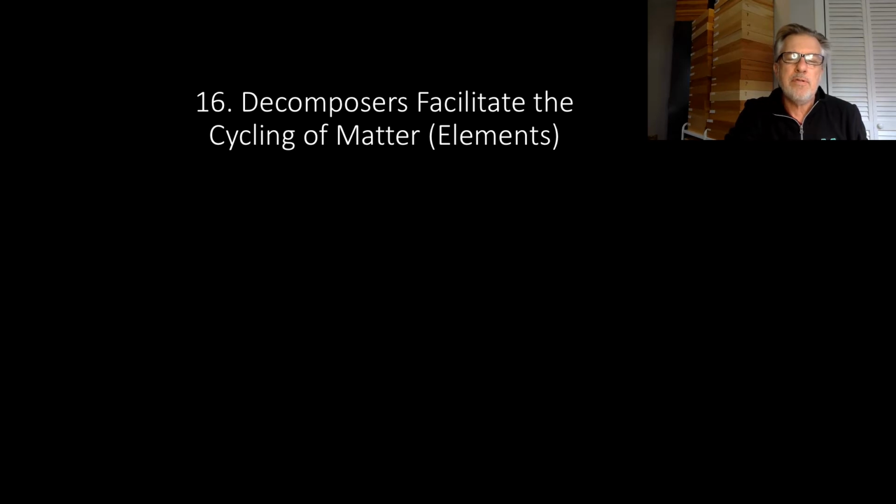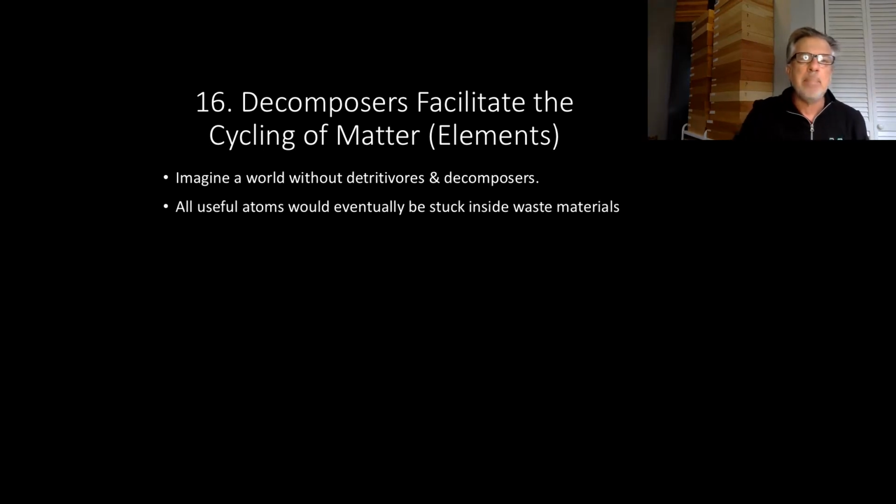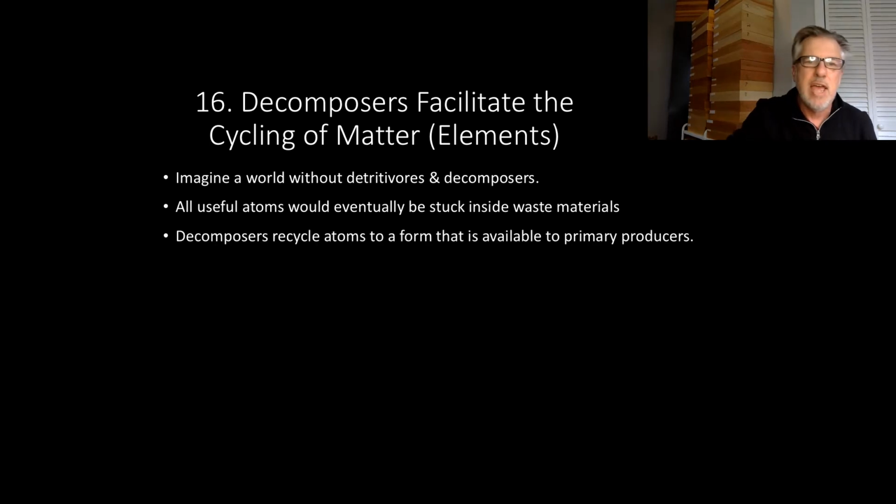Let us talk for a second about decomposers. And imagine a world without detritivores and decomposers. Well, what would happen is all the useful atoms would eventually be stuck inside waste materials, and everything would come to a grinding halt. And so decomposers recycle atoms to a form that is available to primary producers.